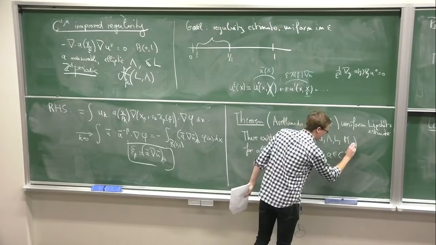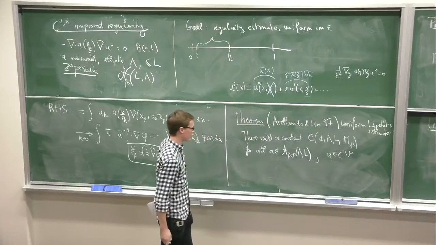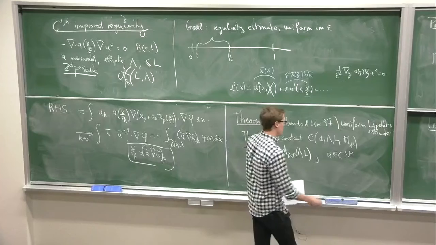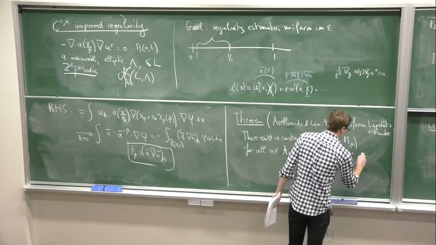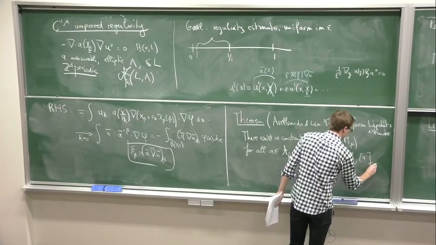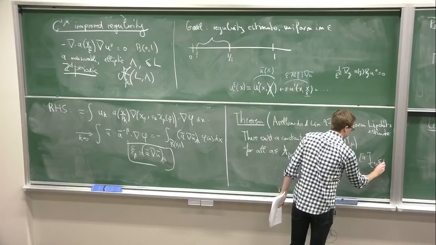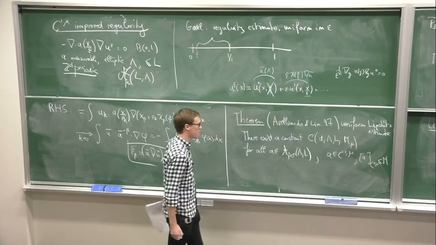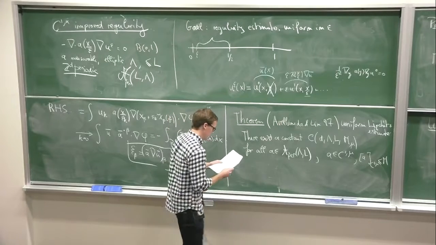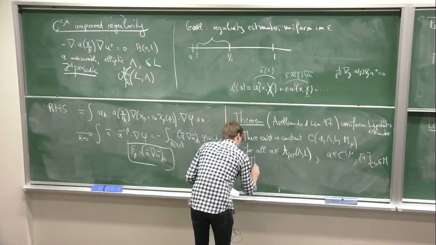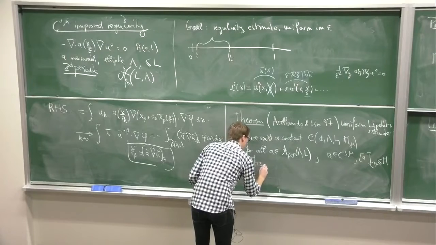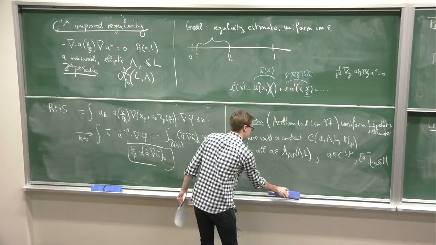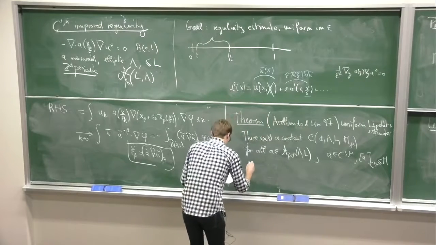So actually, the constant will also depend on mu. So Hölder continuous with exponent mu. And I will assume that the Hölder semi-norm of A is smaller than M. So M is the constant appearing here. Then we have the bound.